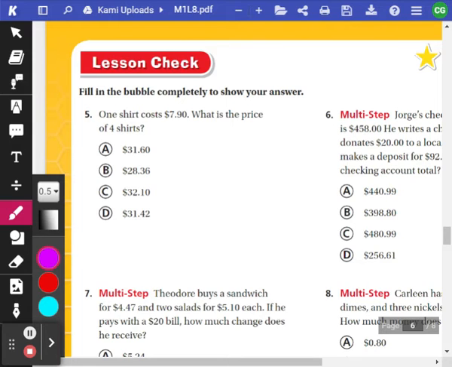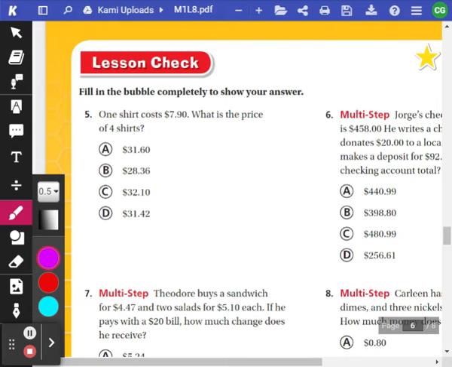I would prefer that you probably group them, but it's the repeated addition, or you have $7.90 times 4. And I'm just going to move this over just a bit. Now, 4 times 0, and I'm going to move out my decimal. So it looks like it's 790 times 4.